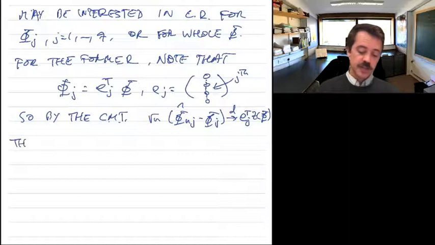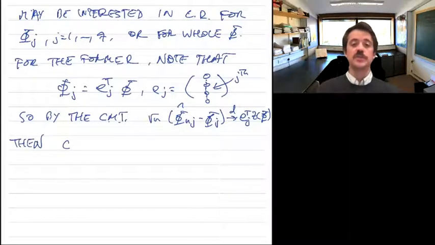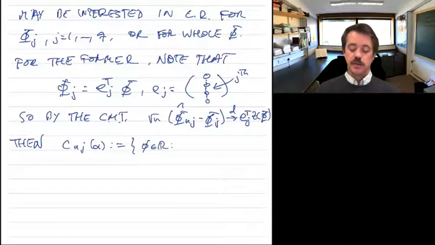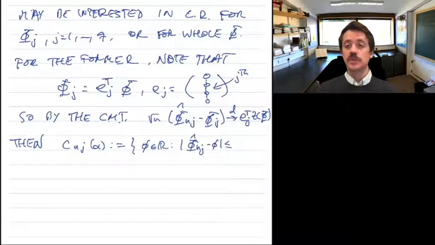So let's define the region that I want to consider. I will write this as a function of alpha, and this is going to be the set of phi's, lowercase phi in R, such that they are away from this estimator by no more than the following quantity.